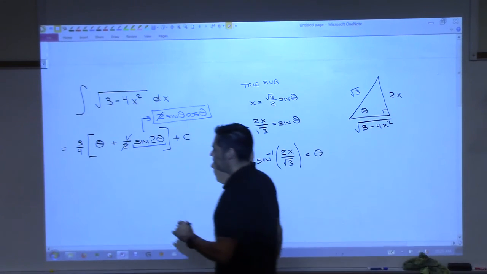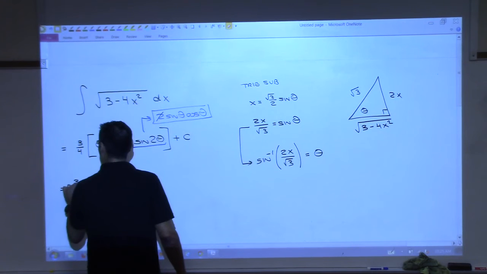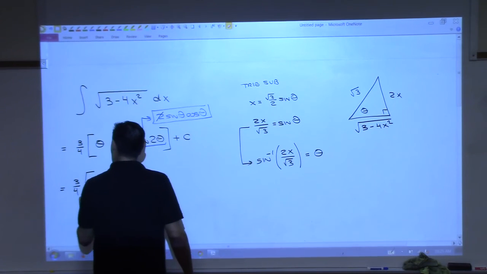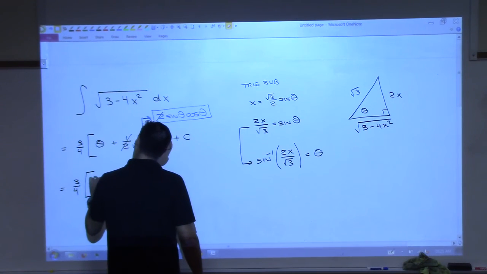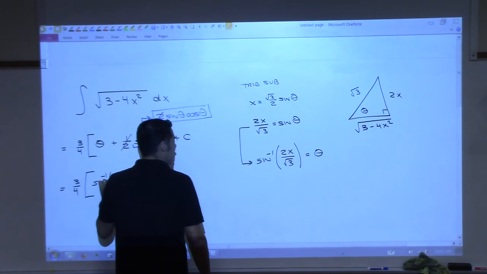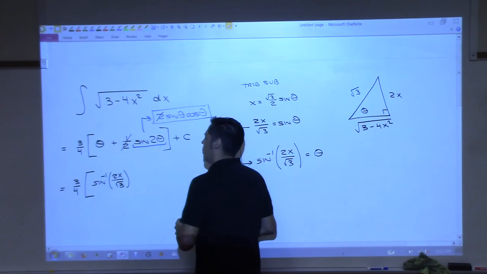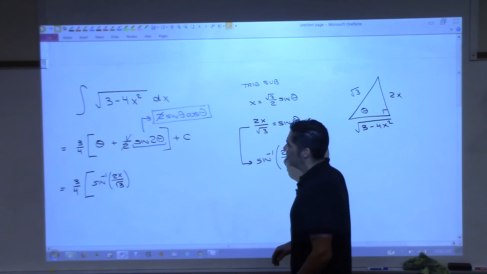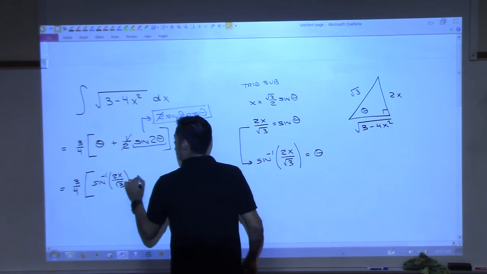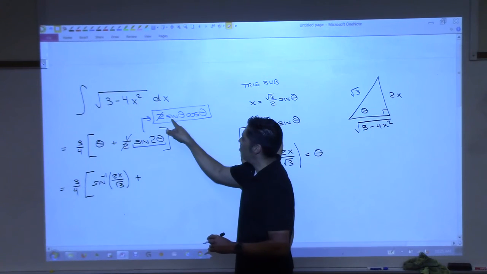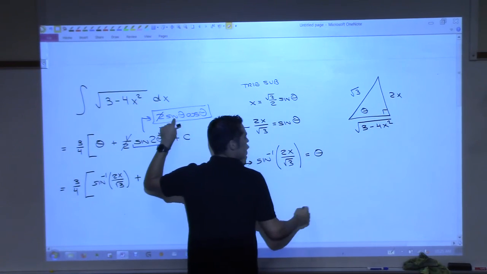So I think we're there. This is 3/4 bracket arc sine of 2x over root 3, that's theta, plus, and then the half and the 2 canceled, so I need to know what sine theta is. Do I know what sine theta is?